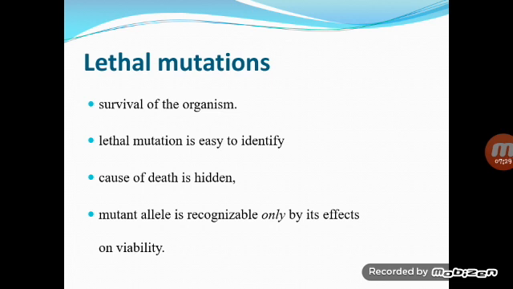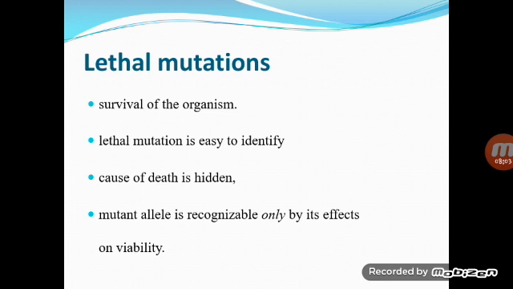So sometimes the primary cause of death from lethal mutation is easy to identify. For example, in certain cases, blood abnormalities. Due to the blood abnormalities, a person's death may occur. But often the cause of death is hidden and the mutant allele is recognizable only by its effect on viability.